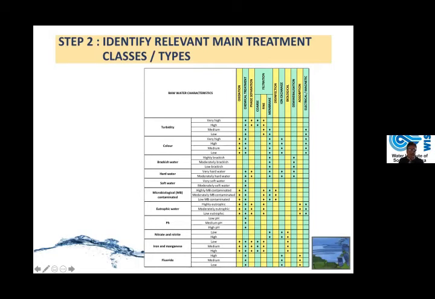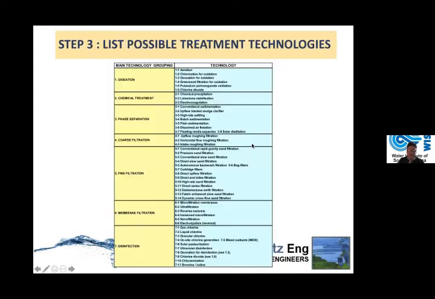Say you've got a medium turbidity, you see you can use chemical treatment, fine filtration, membrane filtration, or electrical and magnetic treatment, more the advanced type of technologies, and so forth. You can go through your whole table. Based on those that you have marked, you can draw up a list of technologies that you could use.